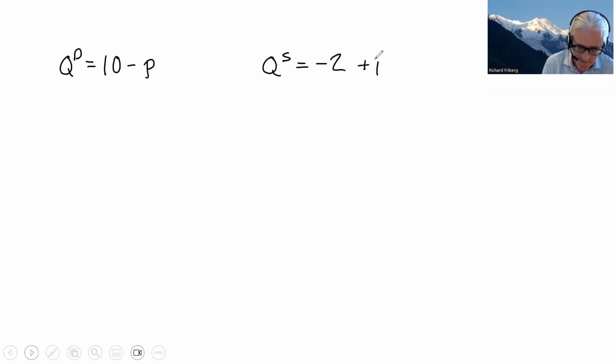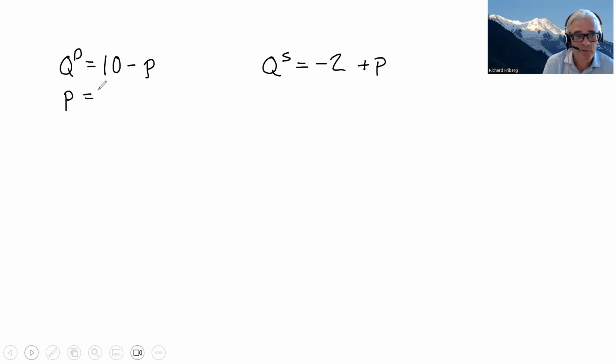Okay, so in this example, there's quantity demanded for, I guess, strawberries, we said. It's equal to 10 minus P, and there's quantity supplied equal to minus 2 plus P. And as I explained in another video, when we want to draw this, instead of drawing the demand function, we draw the inverse demand function.